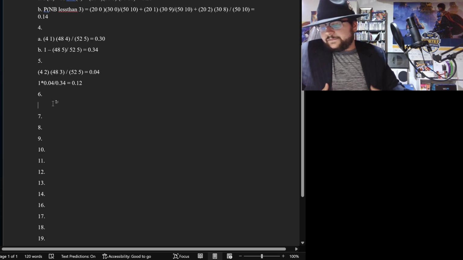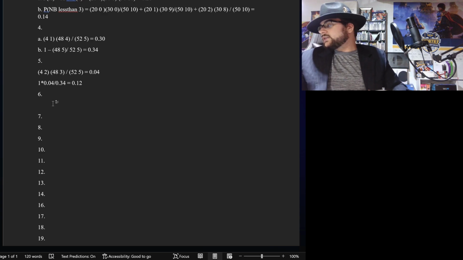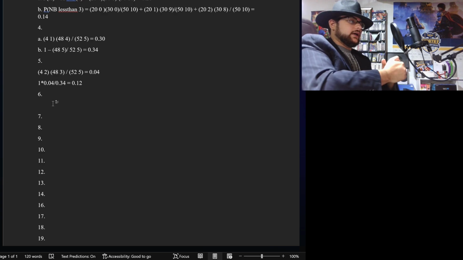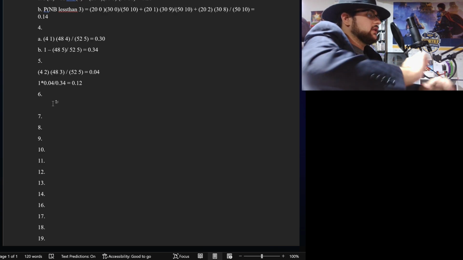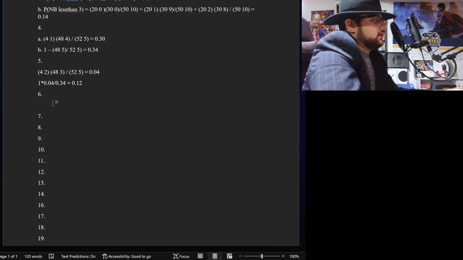Okay. The 52 cards in a shuffled deck are dealt equally among the players, A, B, C, and D. Okay, easy enough. If A and B have exactly 7 spades, what is the probability of C having 4 spades? Once again, this is uber easy, but you have to think about it the right way.